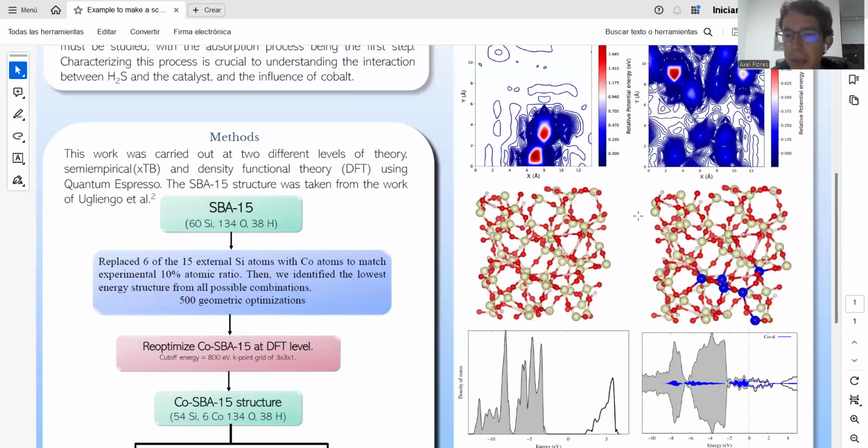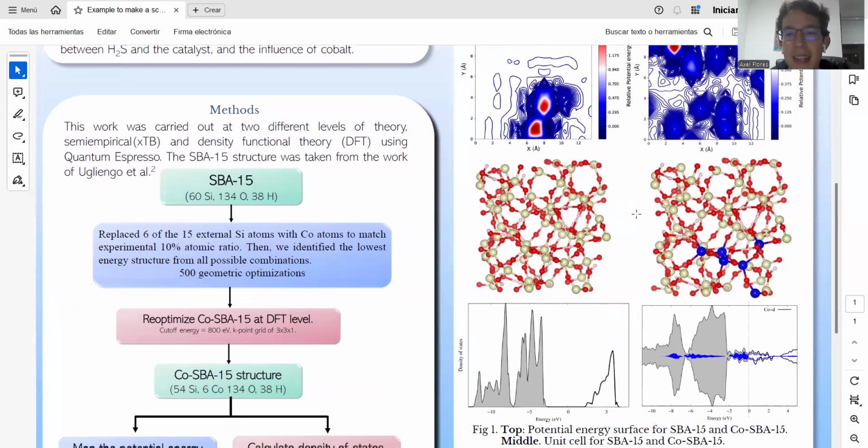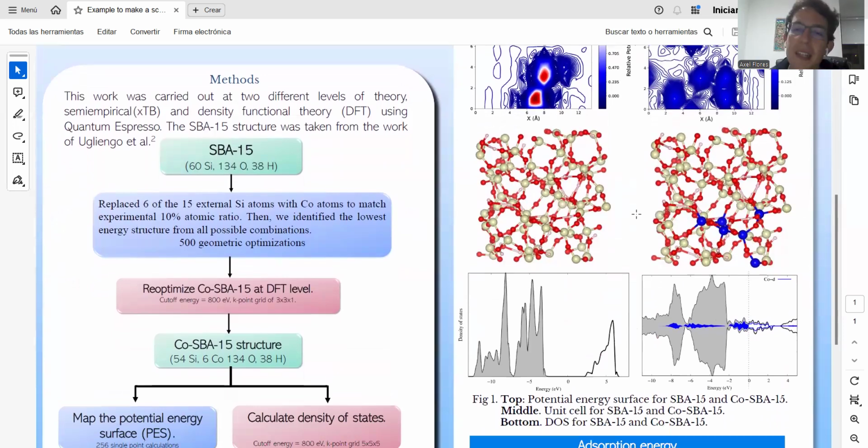And this is the optimized cobalt structure. We can see that it has 6 cobalt atoms. And this is the lowest energy structure that we obtained, like I mentioned in the methods. And these are the density of states plots. We can see that the pristine SBA has a very clear band gap of about 5 electron volts.